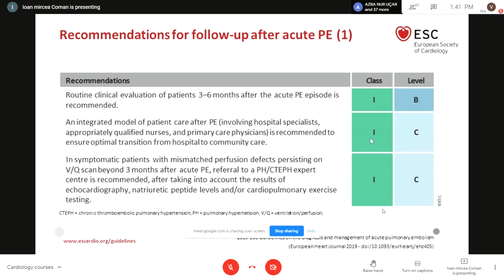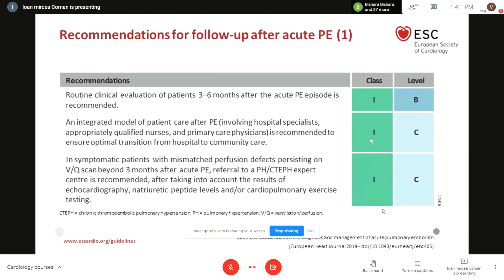So whatever your specialty, you should remember that a patient with chest pain or dyspnea or hemodynamic instability might have a pulmonary embolism, and should be sent as quickly as possible for confirming diagnosis and for aggressive treatment.